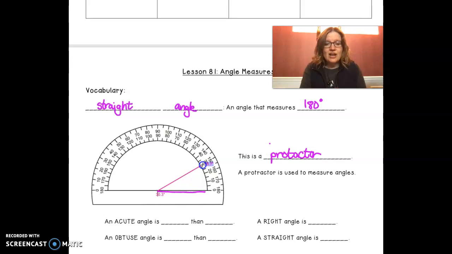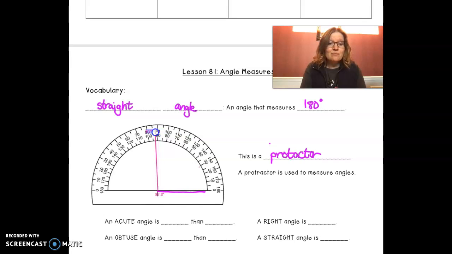Now I can change the measurement of that angle. I can go up 35, 40, 45, 50, 55, 60, 70, and we keep going up until you hit 90 degrees, which we know is a right angle.